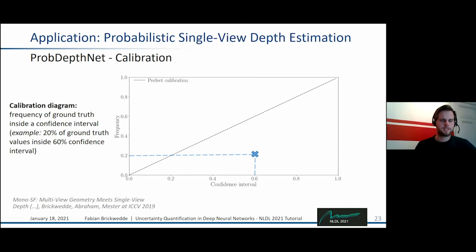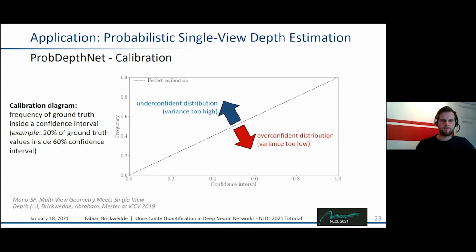So for this example point, you take the confidence interval of 60% of all estimates and look at how many ground truth values lie inside this interval. For this example, it would be that 20% of the ground truth values lie inside the 60% confidence interval. For a perfect calibration, the confidence interval and the frequency should be the same.